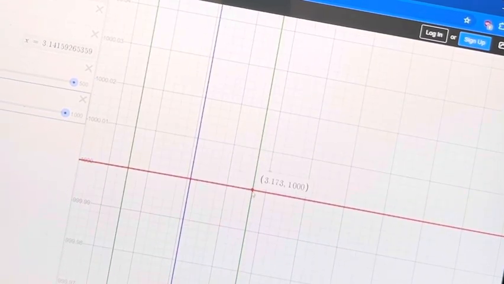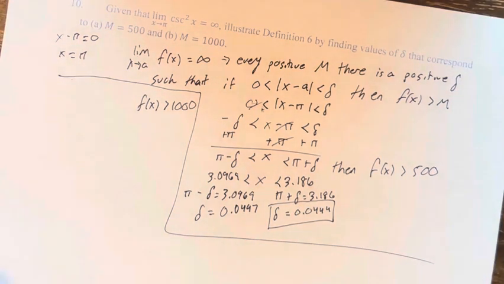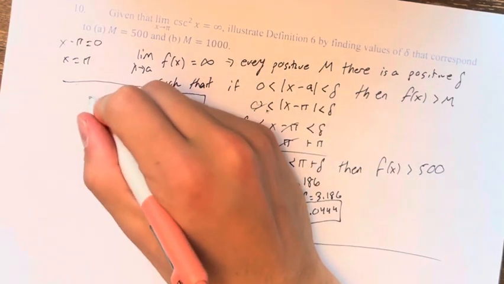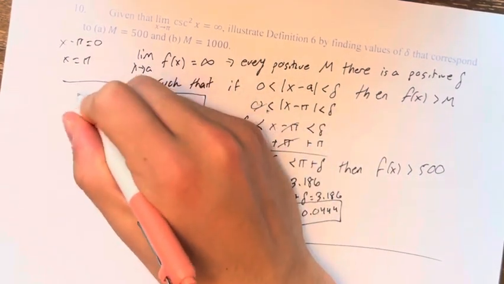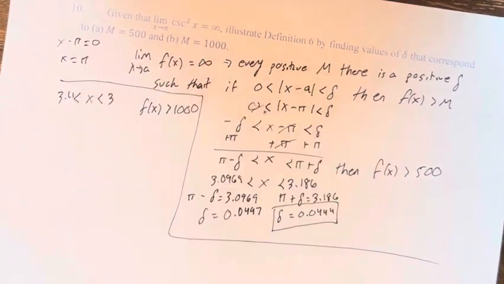What we actually have to do is zoom in really close, because they're very close to this value, and we can see that we have 3.11 and 3.173. So for f of x to be greater than 1000, x has to be between 3.11 and 3.173.